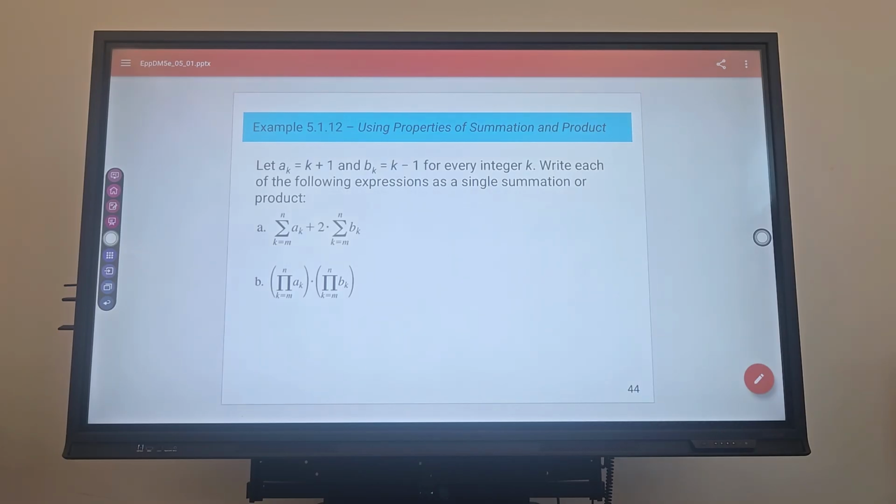So let a sub k equals k plus 1, and b sub k equals k minus 1 for every integer k. So what would the sum of a sub k plus 2 times the sum of b sub k from m to n be?